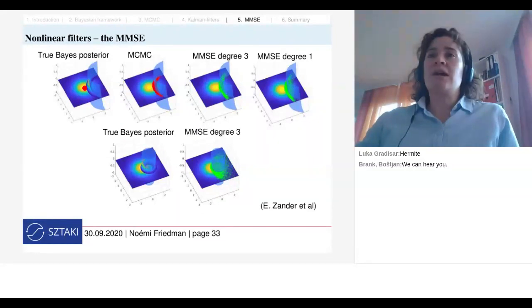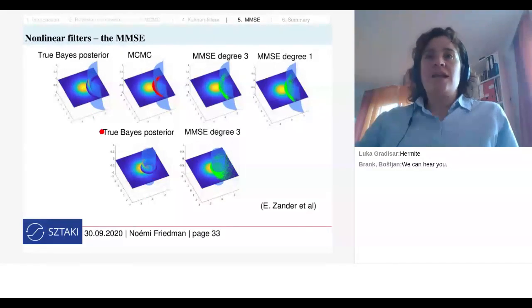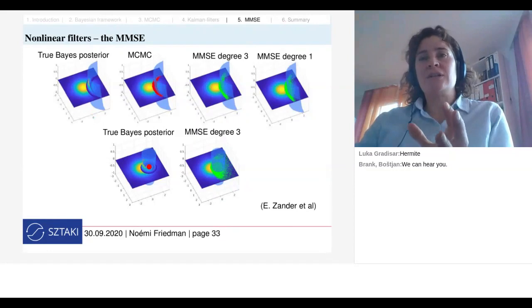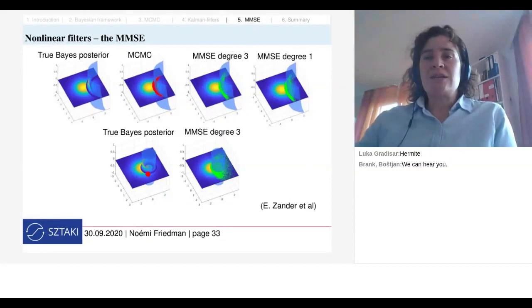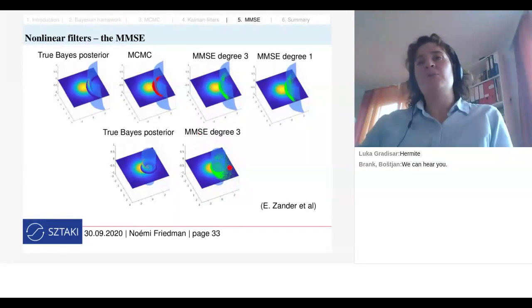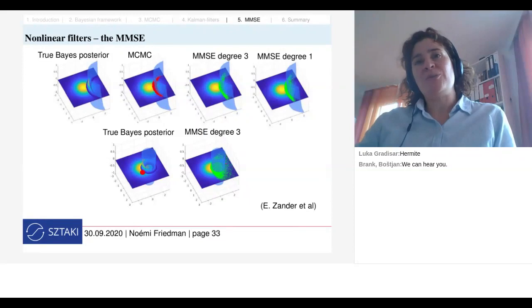You can also get a quite good result, not so good with the linear filter, but there can be a measurement where I choose the prior distribution to be more centered around this cylindrical surface. Then my true Bayes distribution should be some probability distribution all around this ring. And this is when the minimum mean square estimator has a real problem getting a good estimate of the posterior distribution. So you see the samples are everywhere.